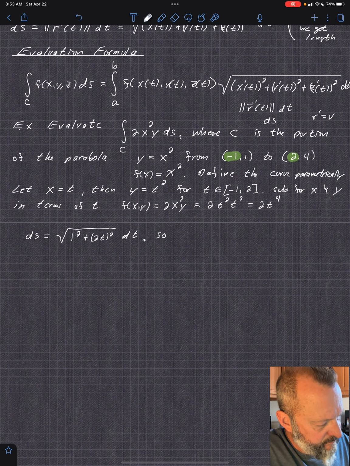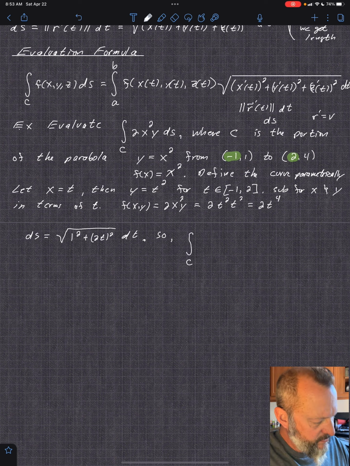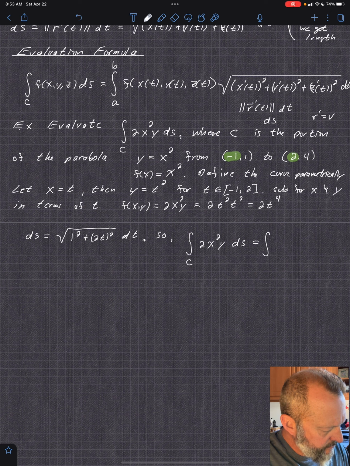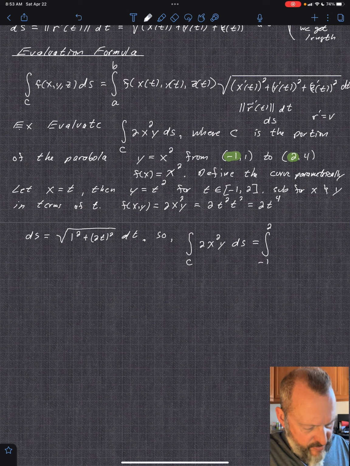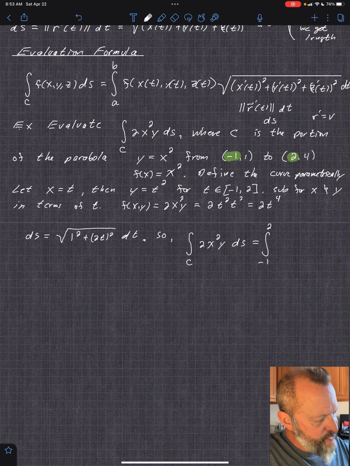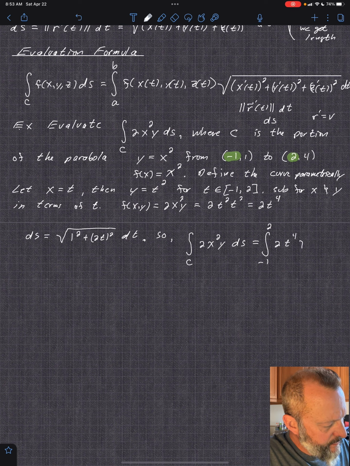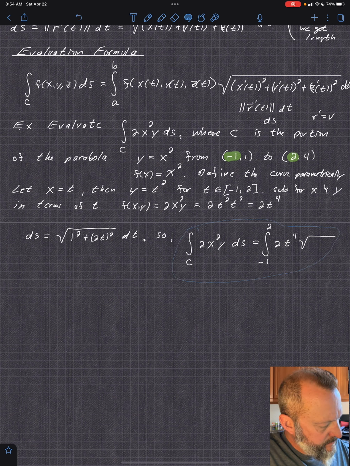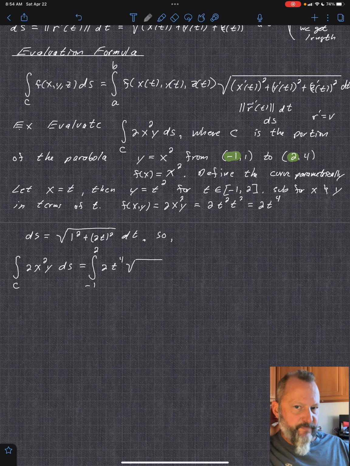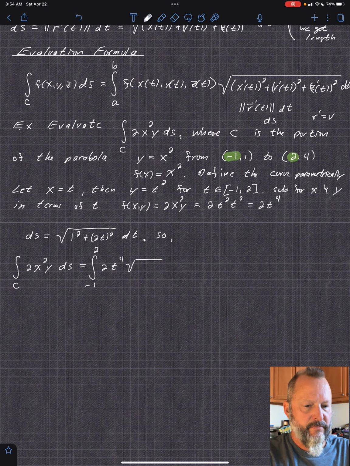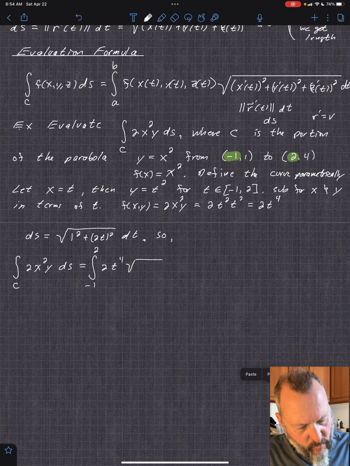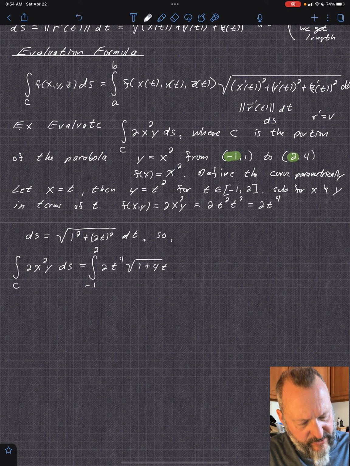So we have the integral over c of 2x squared y ds equal to the integral from -1 to 2 of 2t to the 4th times the square root of 1 plus 4t squared, dt.